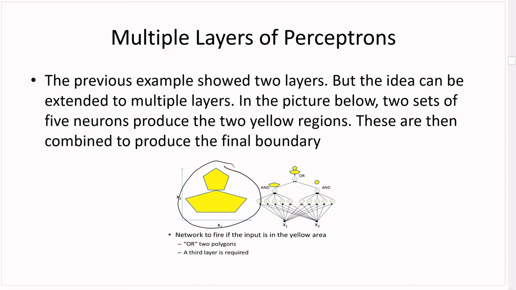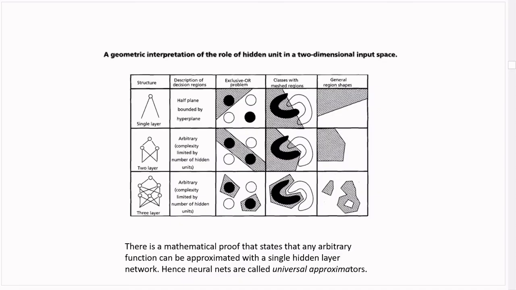Although I haven't shown you the actual weight values that you will need, those weight values can be easily figured out once you know the location of how the boundary is sitting in x1, x2 plane. So the basic idea from these 2 examples is that one can get any arbitrary arrangement or any arbitrary boundary or any arbitrary mapping between the input and output, provided you are willing to arrange number of perceptrons in number of layers.